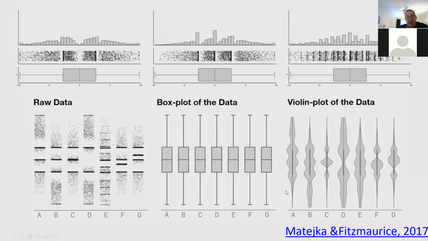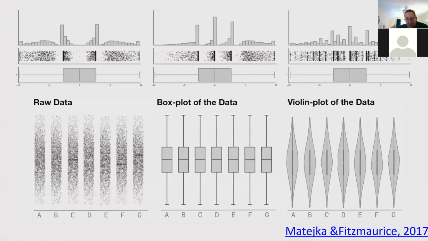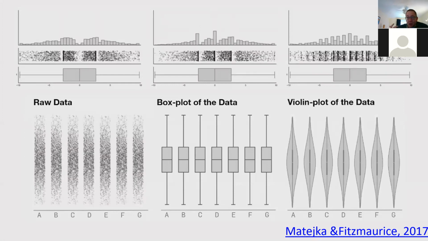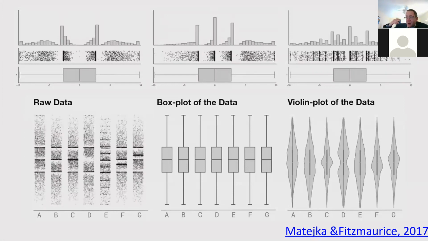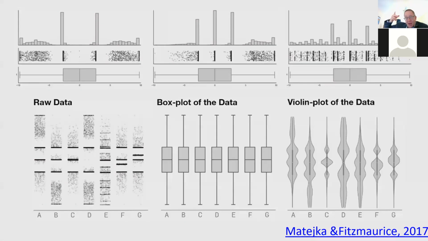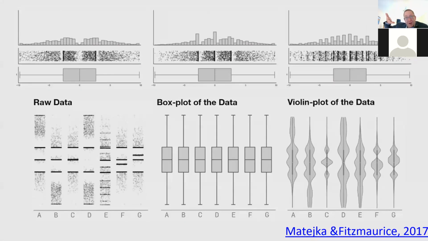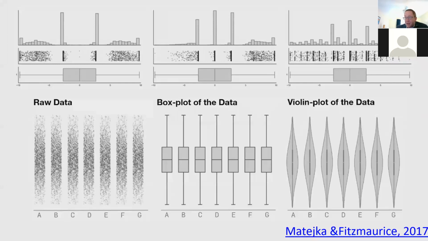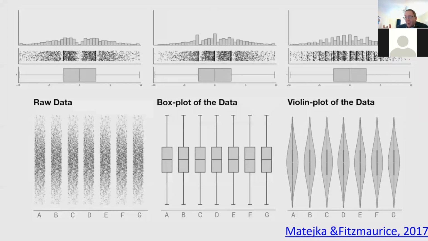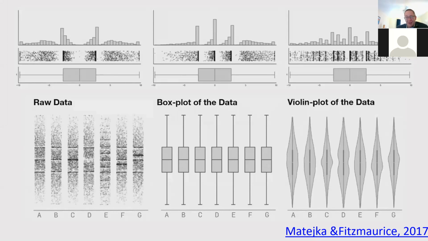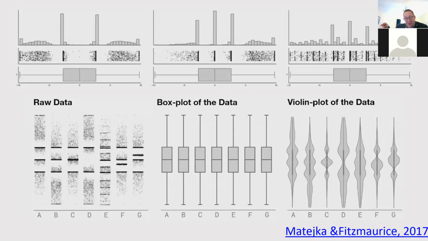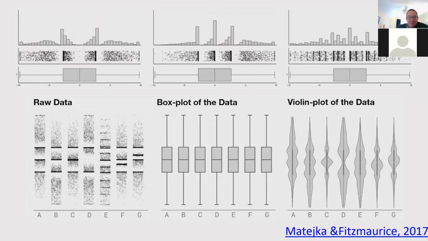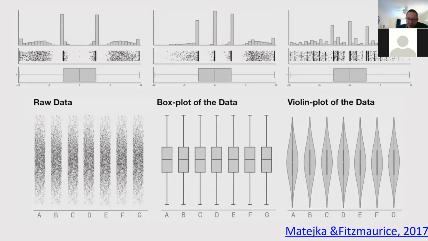So if you have data that is continuous, or at least quantitative data, some kind of nice measurement, and you want to figure out how it's distributed, a violin plot is a really nice way of doing it. It gives you approximately the shape of how the data is actually distributed, without taking any more space than the box plot. It's programmatically a bit harder to do, but it's something to think about.